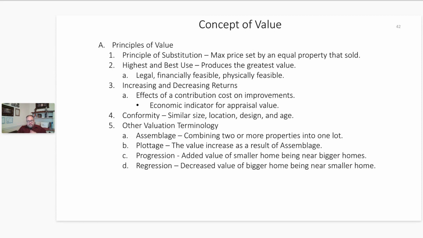Okay. So if they're 50,000 each, I sold them, I'd get 100,000. If I resurveyed it, put it together as a 1 acre lot and sold it for 200,000, then I've made 100,000 above. If I would have sold them individually, that's called plottage. That's the increase in value by assembling them together. You want to know those two terms.